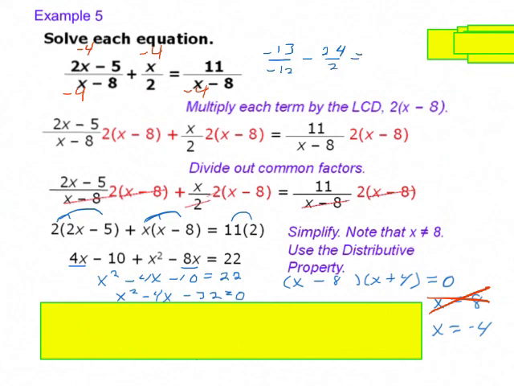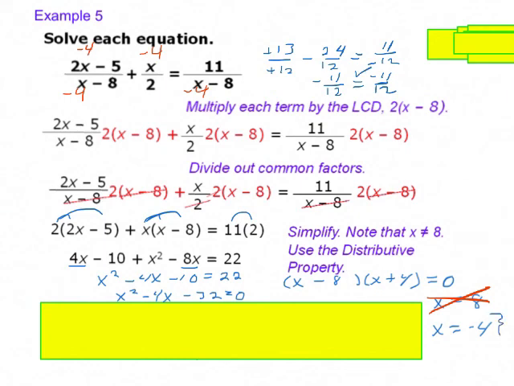Okay, and on the other side, that's going to give me 11 over negative 12. All right, now these two negatives make a positive. 13 minus 12 gives you a negative 11 over 12, which gives me negative 11 over 12. And guess what? That is a true statement.